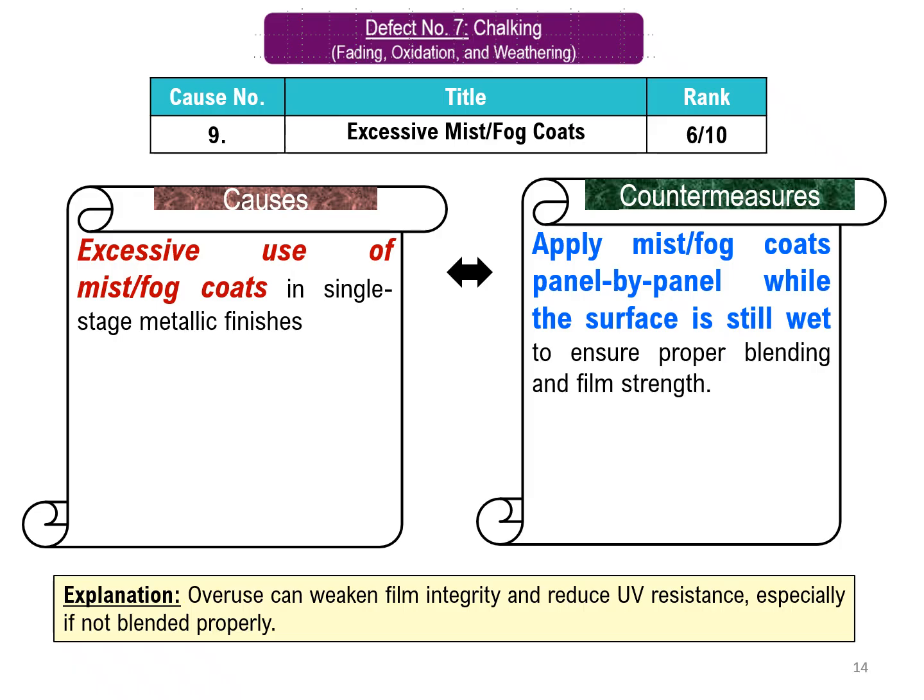The recommended countermeasure for excessive fog coats is to apply fog coats panel by panel while the surface is still wet to ensure proper blending and film strength.